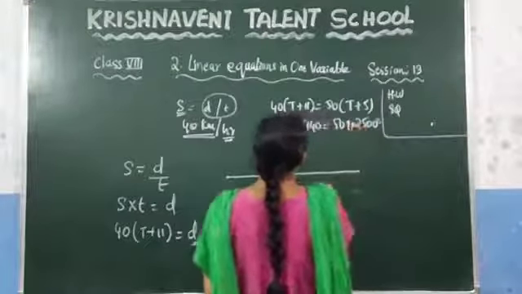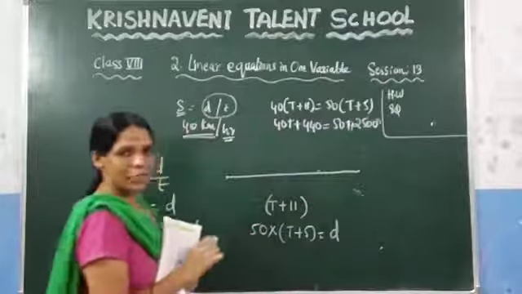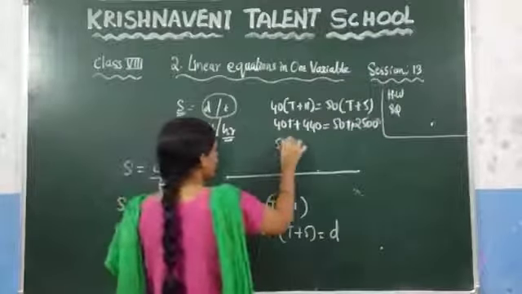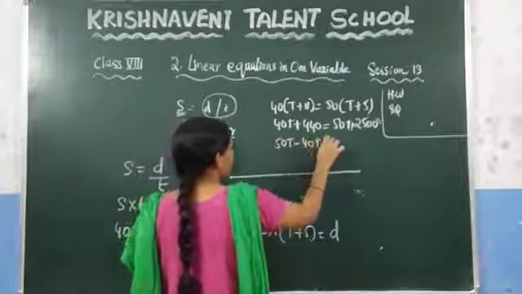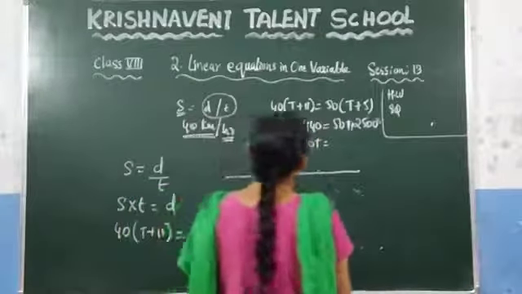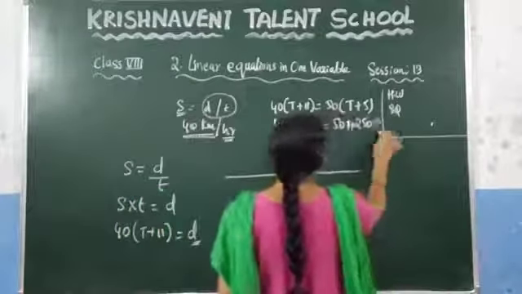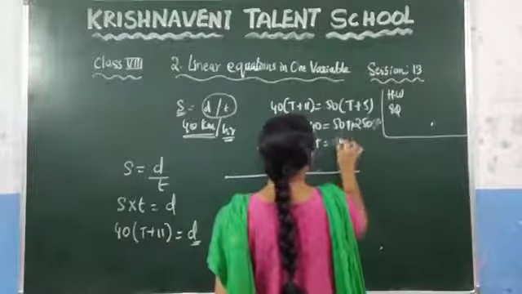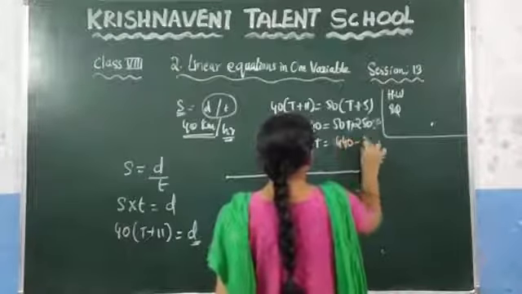After that, take all the t values to one side. So 50t minus 40t is equal to 440 minus 250.